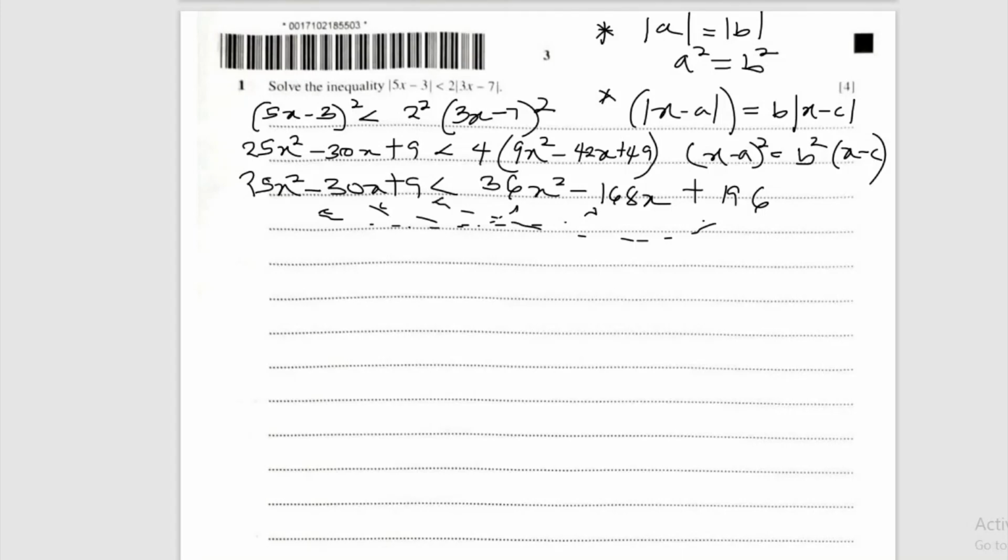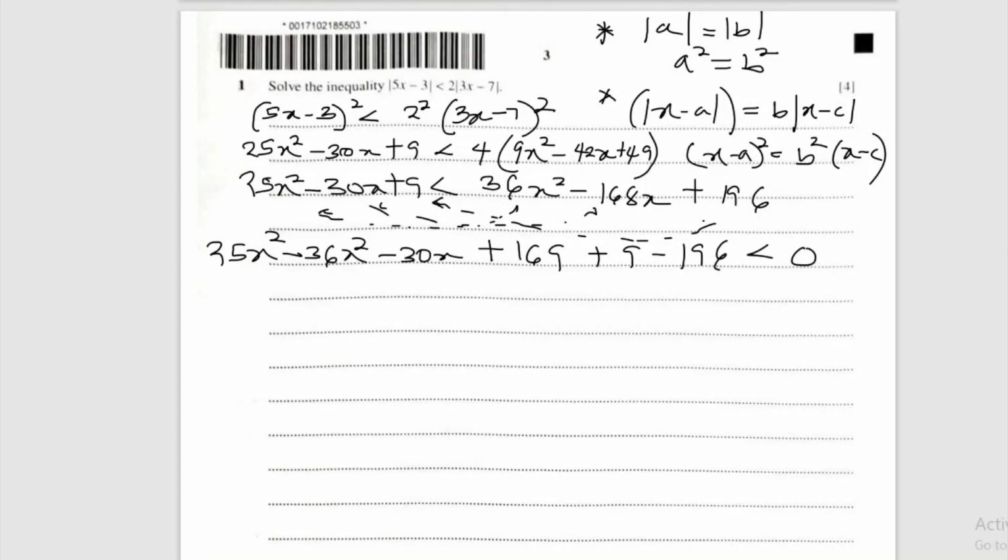Remember, when they are moving to the other side, the respective sign also flips. Plus 36x squared turns to minus 36x squared, minus 30x, plus minus 168 turns to plus 168, and this one turns to minus 196, less than 0.